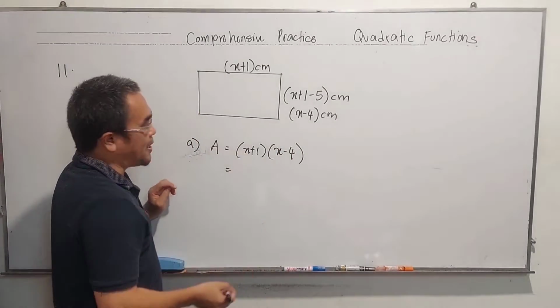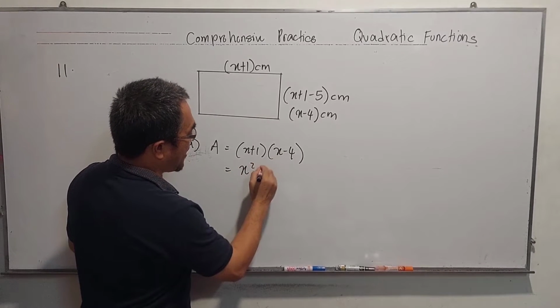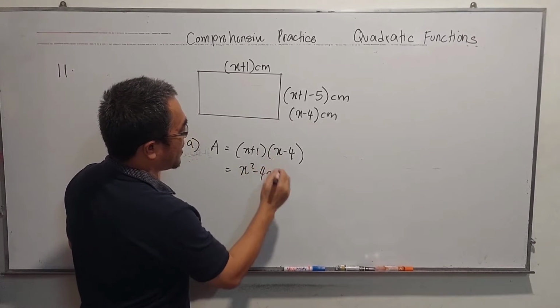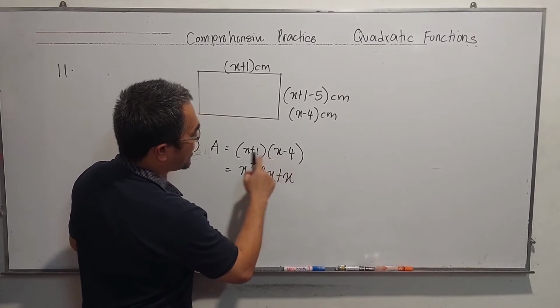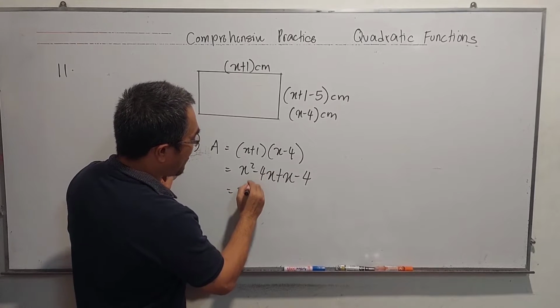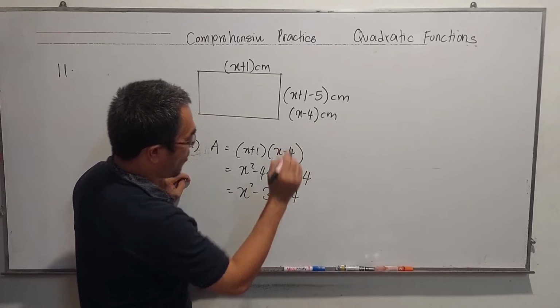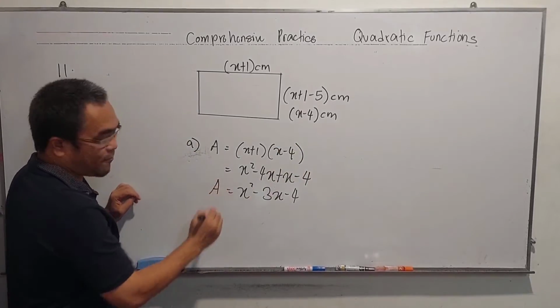Maybe we just expand the brackets. x times x is x squared, x times negative 4 is negative 4x, 1 times x is 1x, then 1 times negative 4 is negative 4. We can simplify to x squared minus 3x minus 4. That is the answer for A.